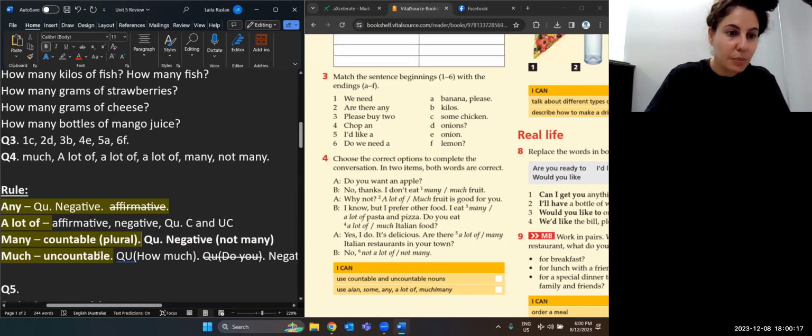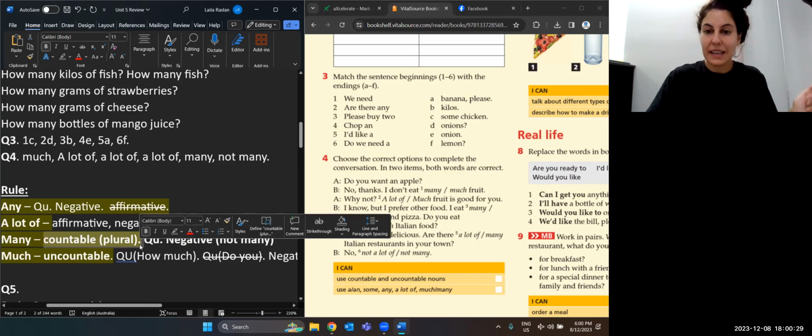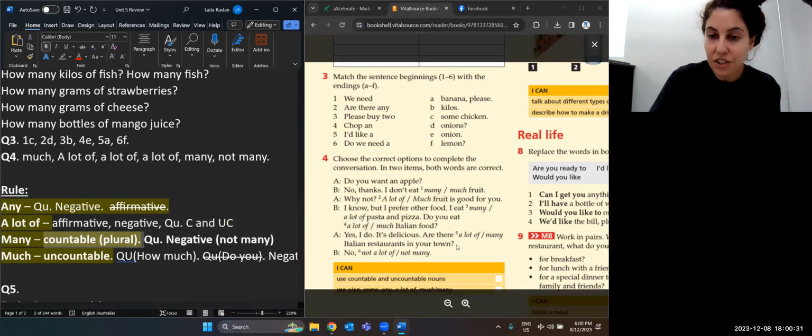Now, many, because many is used with countable nouns. So restaurants is a countable noun. 1 restaurant, 2 restaurants, 3 restaurants. So are there many Italian restaurants in your town? That just means in your area, in your city, in your town.